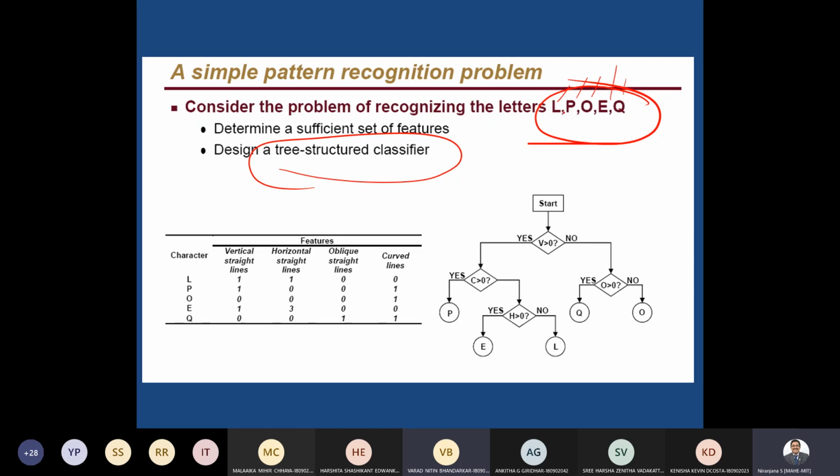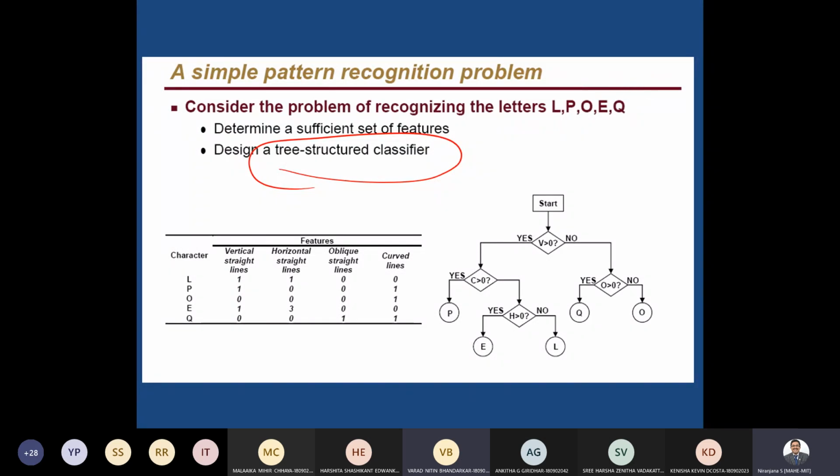Suppose to classify a letter from other letters, L from P or P from O, right? Given a problem having multiple letters, you can see how you can differentiate them and label each with a particular class.